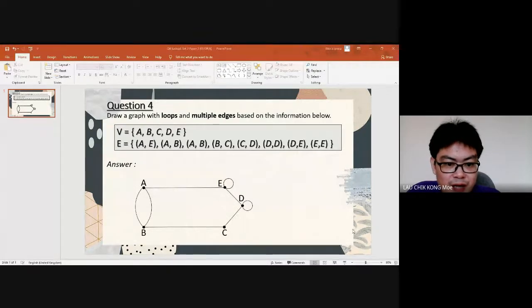We have two pairs of AB, meaning we have two routes. So AB, AB, we have a multiple edge. Okay, so the answer is correct. Actually, any drawing is correct if we follow the vertices and the edges here. Okay, we accept all. So this is one of the answers. Okay, thank you, Gloria.